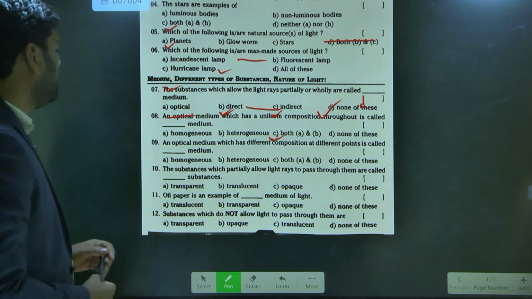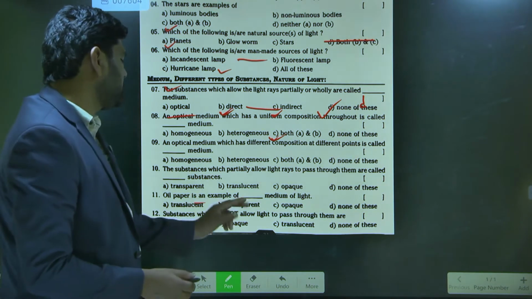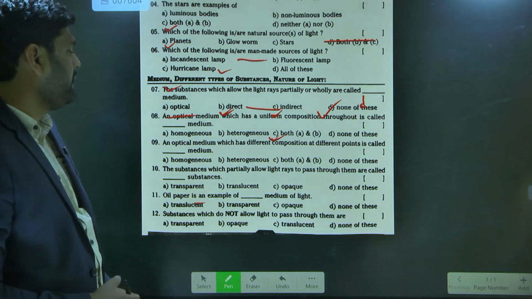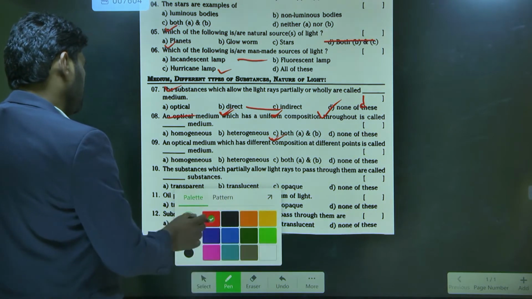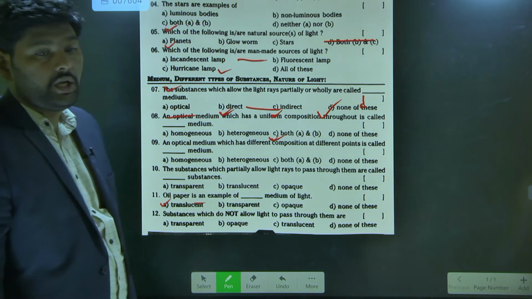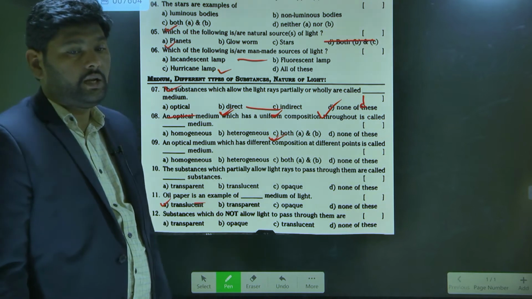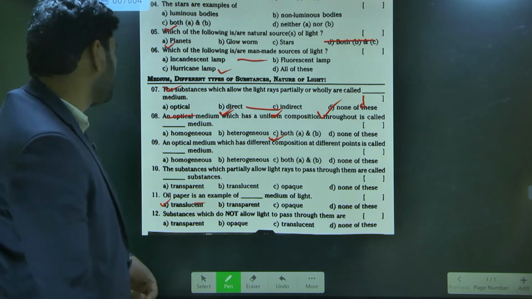Oil paper is an example of dash medium. So simply the answer is obviously option A, because oil paper allows the light rays partially, so it is translucent.